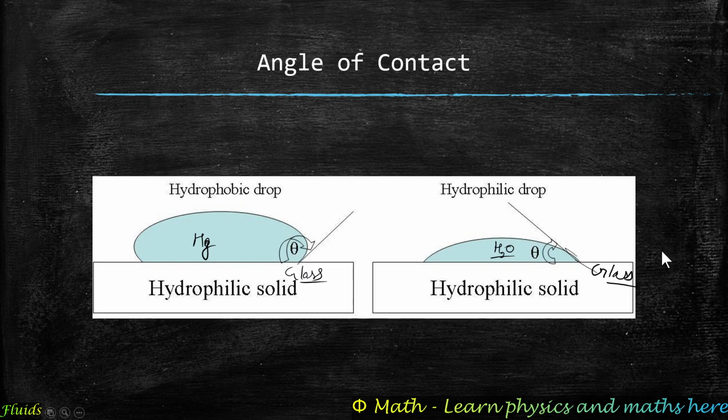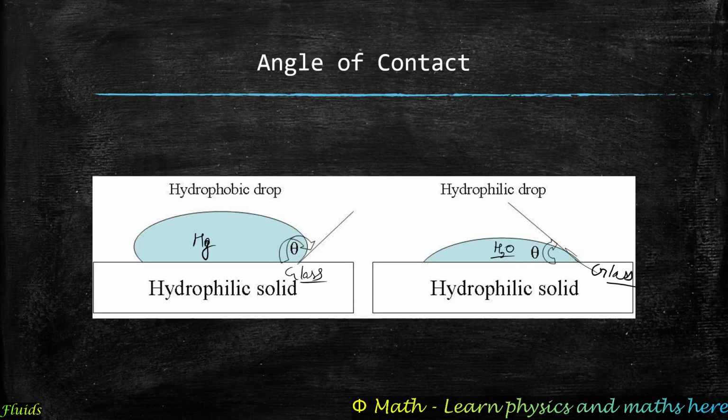Okay, so this angle is called the angle of contact, and it also helps us determine the shape of the meniscus, which will help us in capillary rise or capillary dip, which is the last topic for our video.